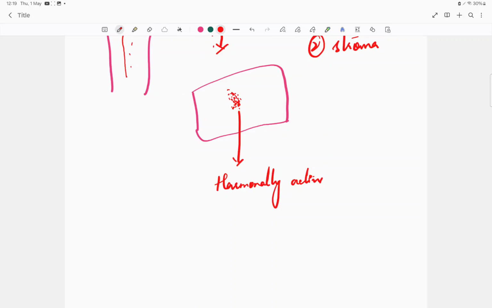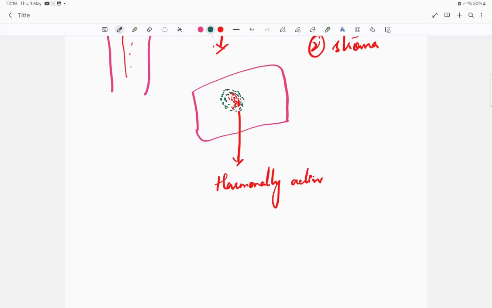It will proliferate and it will shed. Once it sheds, the old things will be here and new things will be here.